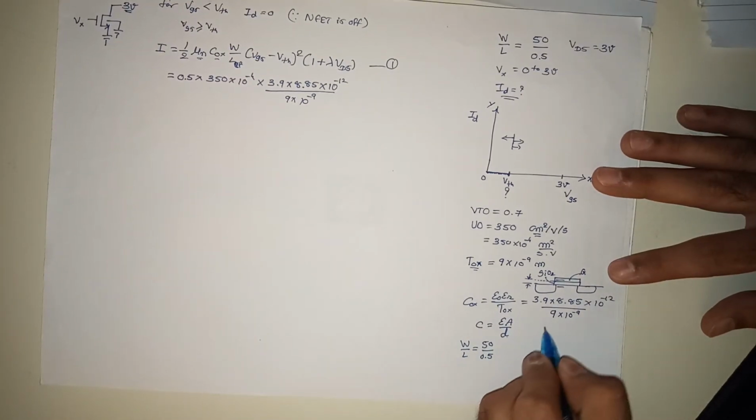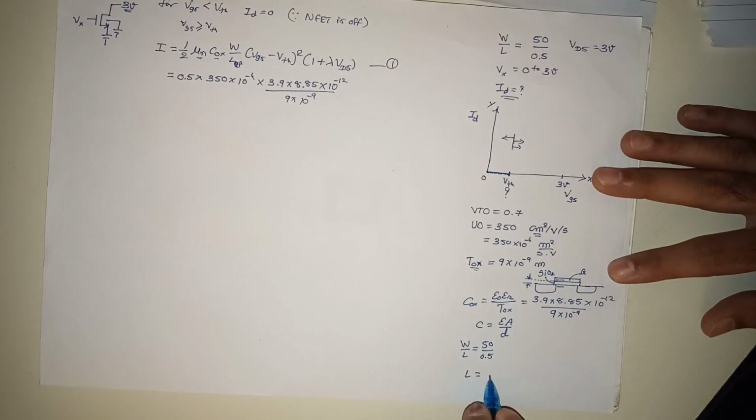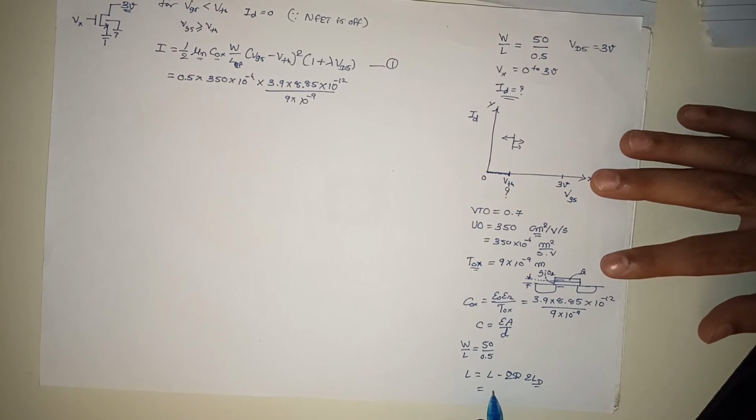That is L equal to the drawn length minus 2 times the diffusion length, LD. LD is given in the table, that is 0.08 micro, 10 raised to minus 6.